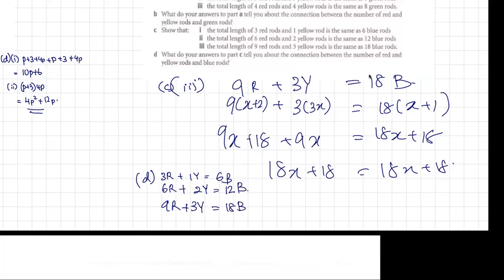So it's actually just a multiple here, multiplied by 2, but it's just half of it. Okay. So the yellow is a third of red, and then the blue is a double of red. That's the connection as well. Okay.